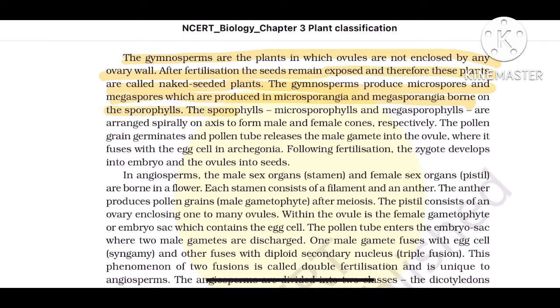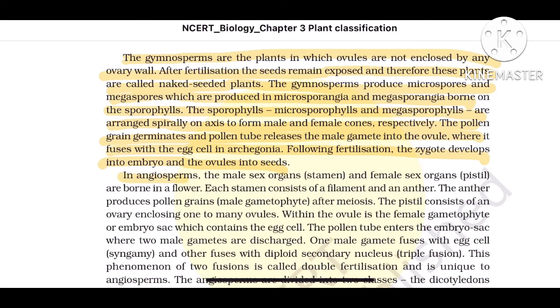The microsporophylls and megasporophylls are arranged spirally on axis to form male and female cones, respectively. The pollen grains germinate and the pollen tube releases the male gamete into the ovule, where it fuses with the egg cell in archegonia. Following fertilization, the zygote develops into embryo and the ovules into seeds.